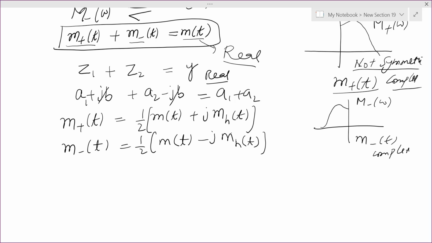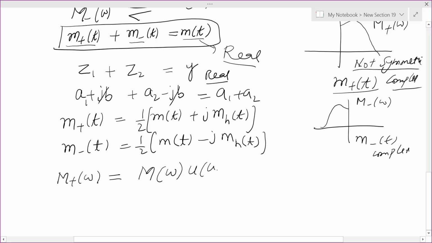Now coming to M plus of omega first, which is the positive part of the spectrum. How can we obtain that? Just multiply the spectrum with the unit step function. And you know that the unit step function in terms of the Signum function is 1/2 of 1 plus Signum of omega.